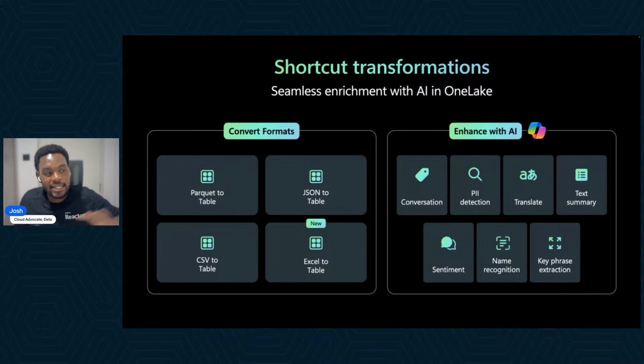That means when the data lands into OneLake, you've already done the transforms without needing to build any complex ETL pipelines. And for the AI-powered transformations, such as summarization and translation, as I've mentioned, all of these are powered by Azure AI Foundry. And so with just a few clicks, you're able to virtualize your data inside of OneLake and make it ready for analytics or even for AI downstream.